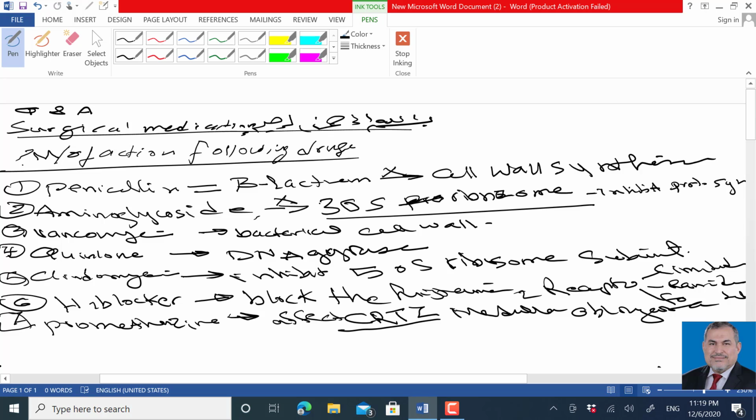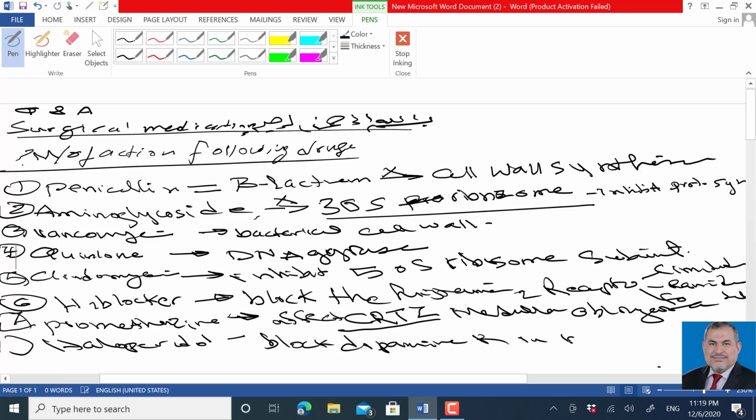What's the mechanism of action of haloperidol? It blocks the dopamine receptors in the brain.